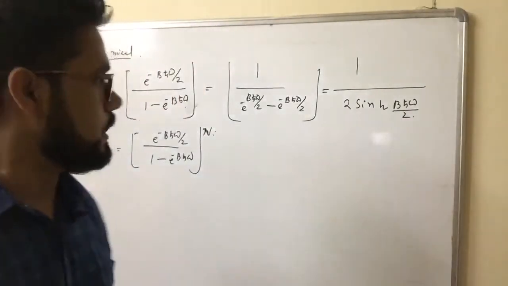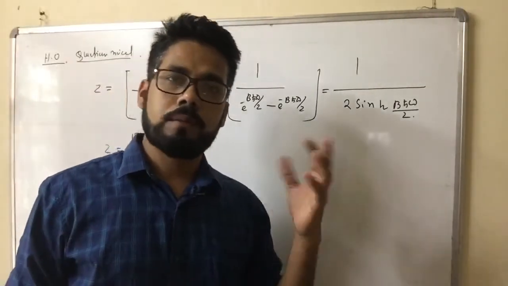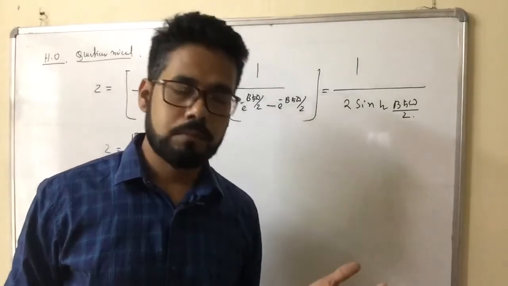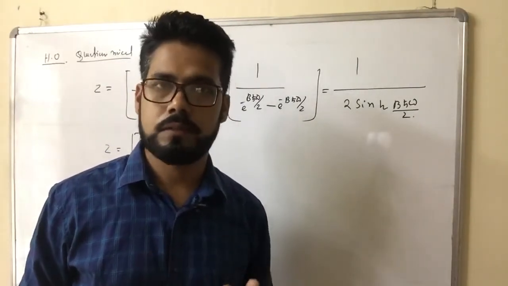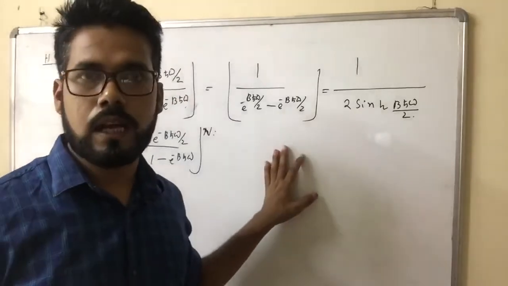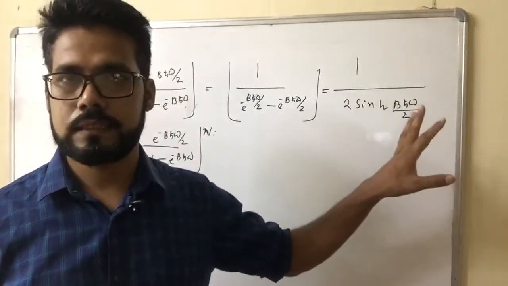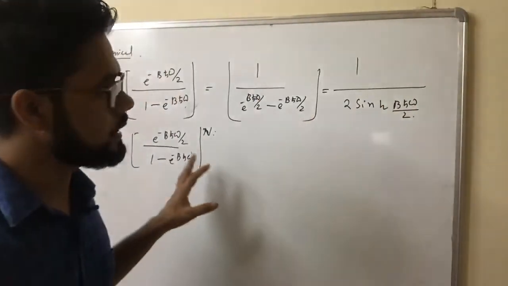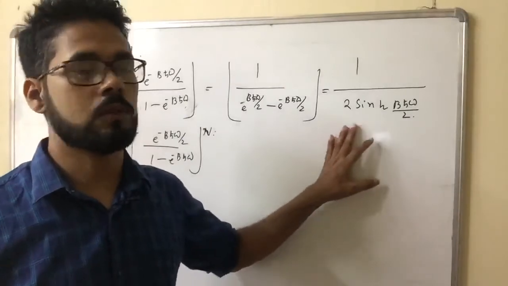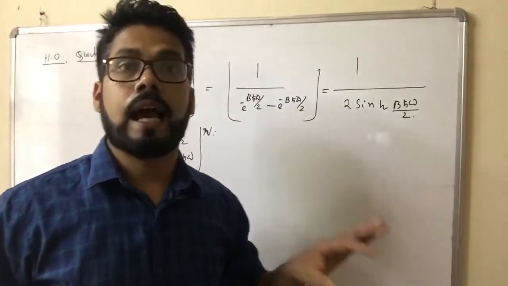Sometimes in the exam, you should not think that you have to derive the partition function, free energy, entropy, everything. They are not going to ask you everything. They will ask what is the partition function of a harmonic oscillator with this energy. Or they will tell you the partition function of a harmonic oscillator is this one, then what is the partition function at high temperature?